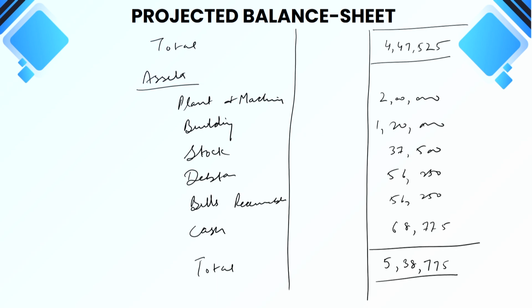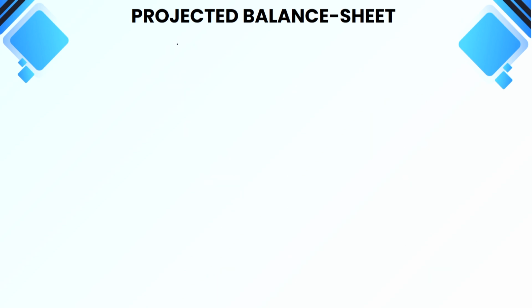You must be having one question in your mind, that why there is a difference between the value of the assets and liabilities. So let me tell you one thing. You can see that our assets are more than the liabilities, because our assets are 5,38,775, while our liabilities are just 4,47,525.